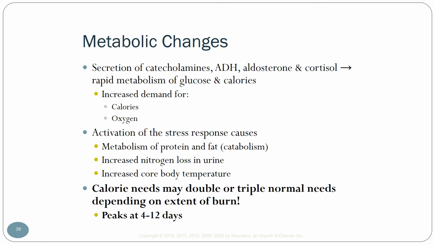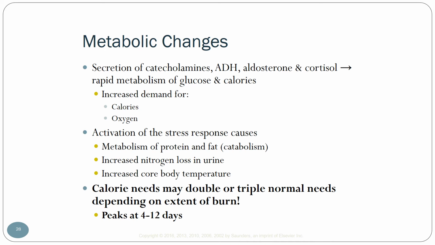Metabolic changes that occur. Well, we get the secretion of the catecholamines that we just talked about, epinephrine and norepinephrine. We have the release of ADH or antidiuretic hormone, in addition to aldosterone, keeps fluid on board because we're losing it into the interstitial space.